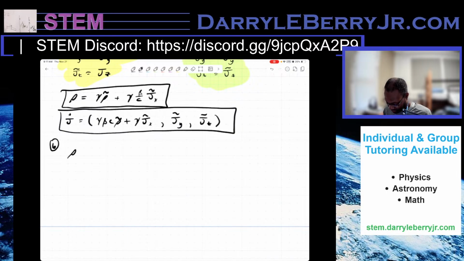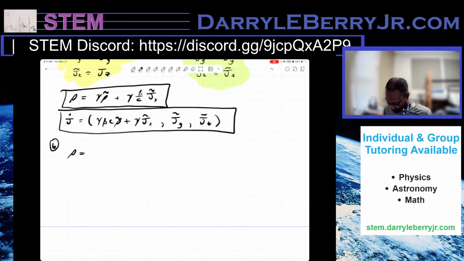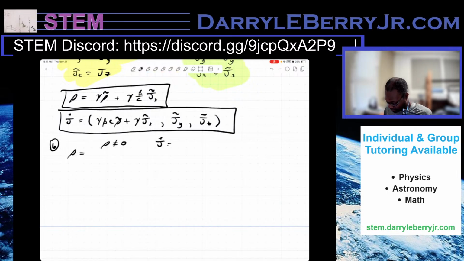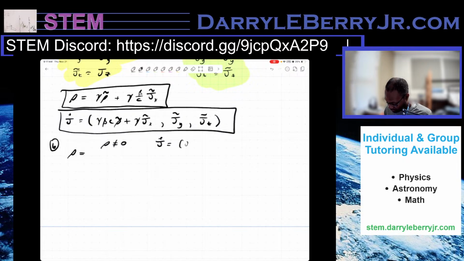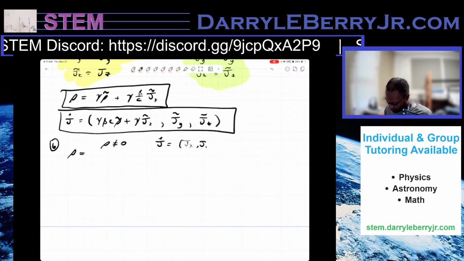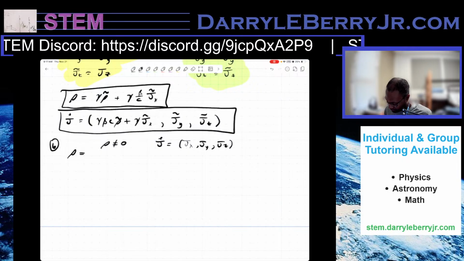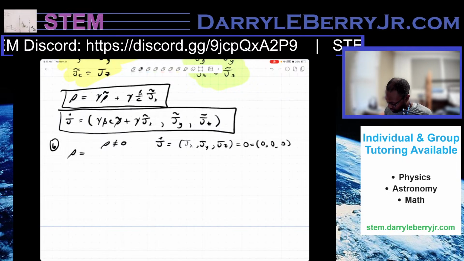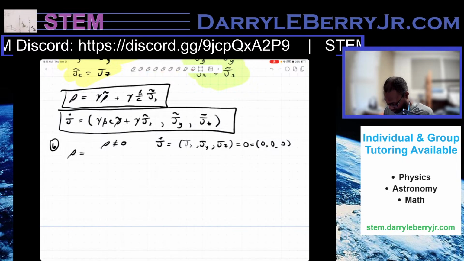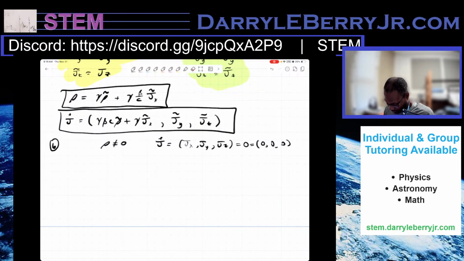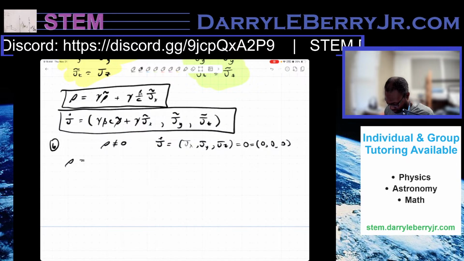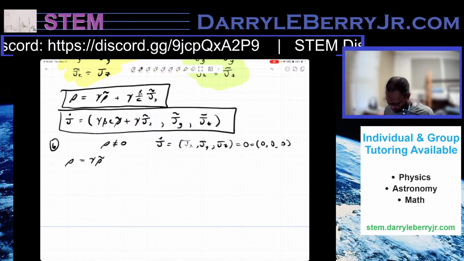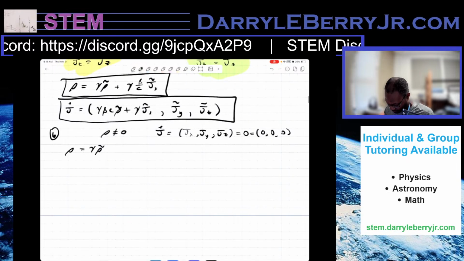So that means that we'll end up with, so basically ρ is not zero. J equals Jx, Jy, Jz equals zero. So that equals 0, 0, 0. So all those terms are going to equal 0. So that means that ρ equals this, because the Jx term is 0.